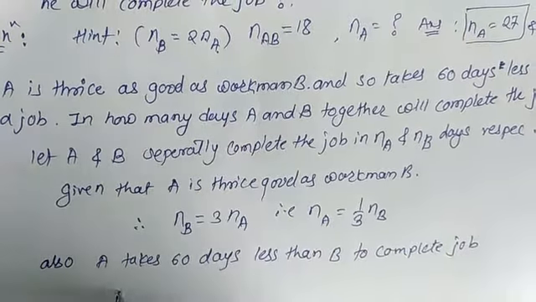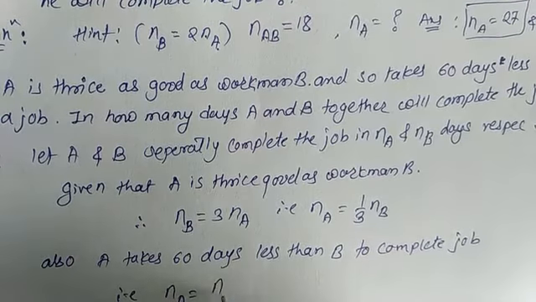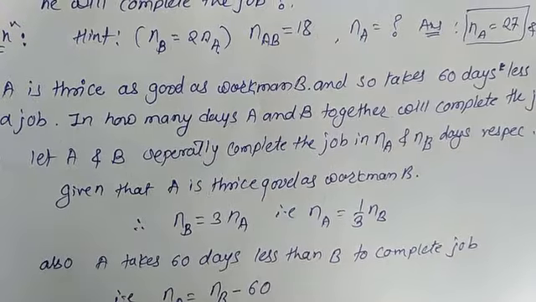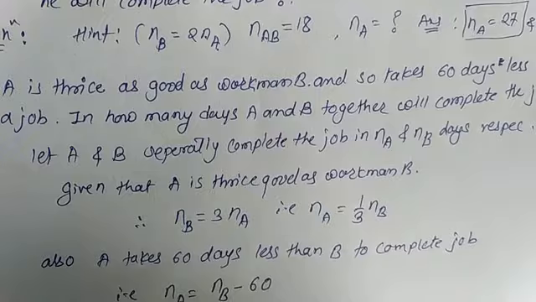That means n to the base A is equal to n to the base B minus 60. Okay, n to the base A is equal to n to the base B minus 60.